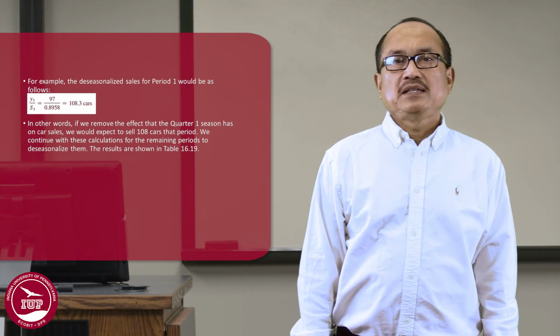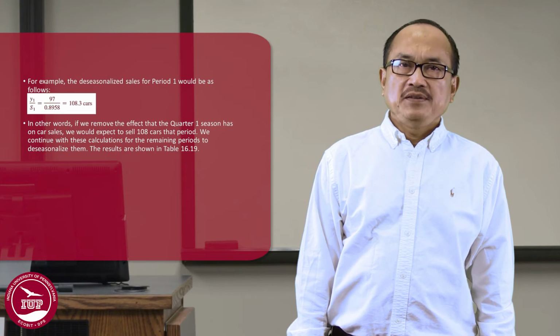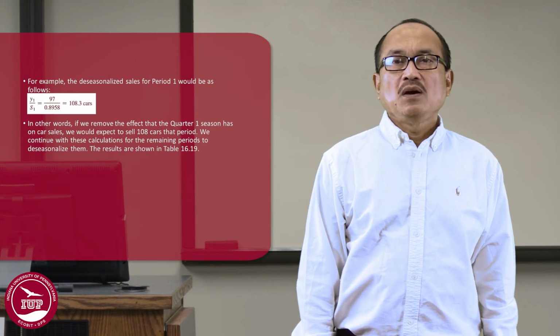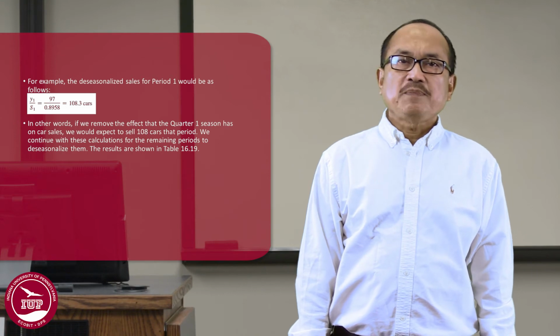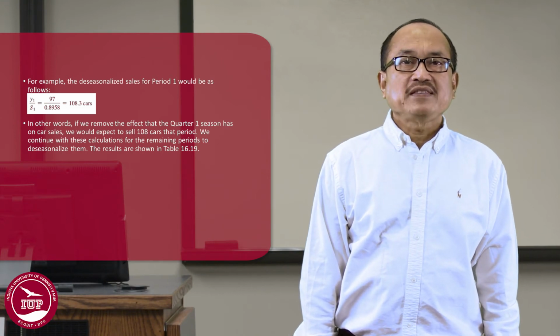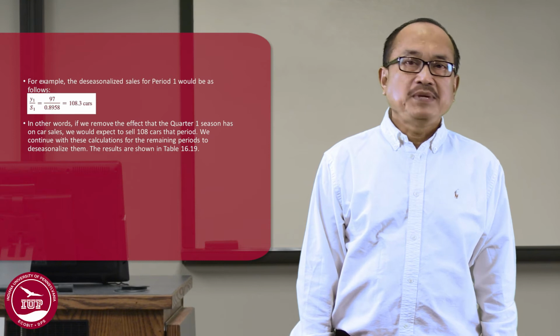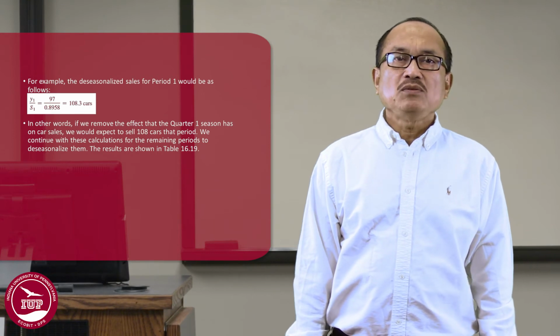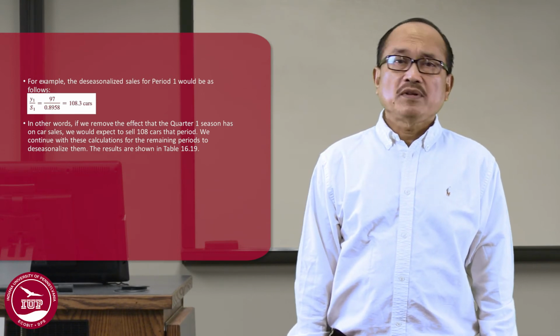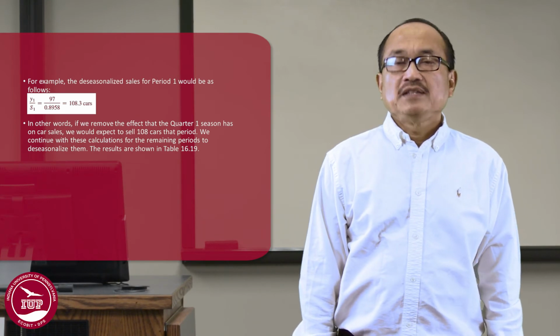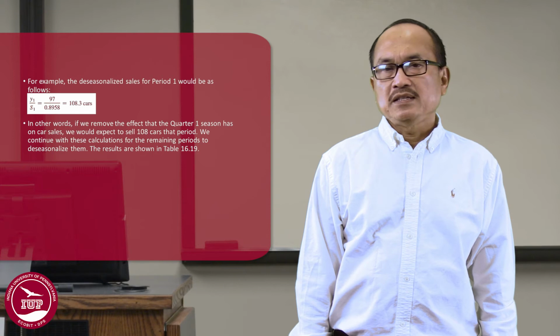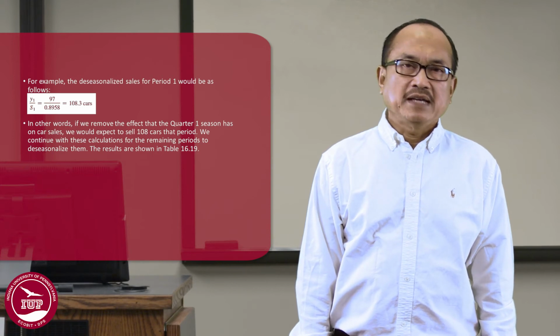In other words, if we remove the effect that the quarter 1 season has on car sales, we would expect to sell 108 cars that period. We continue with this calculation for the remaining periods to deseasonalize them. The results are shown in table 16.19.